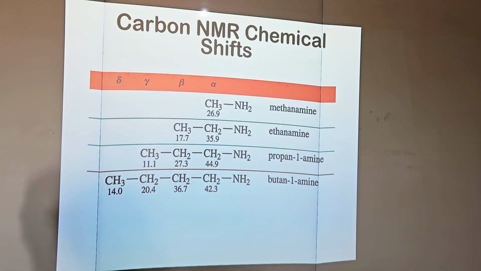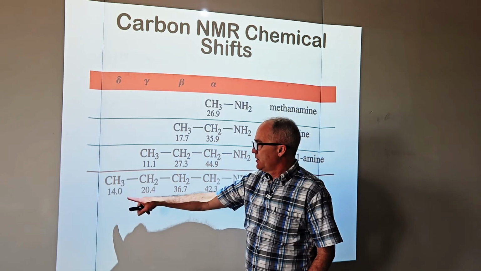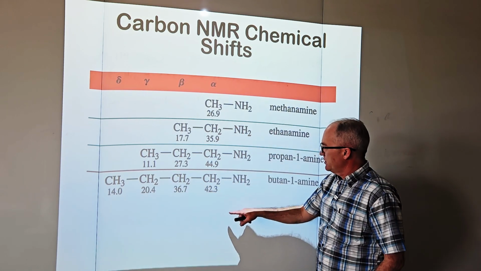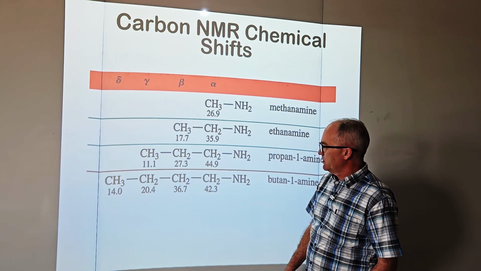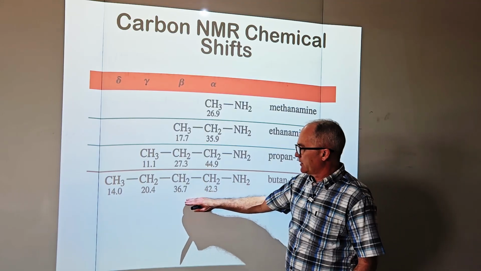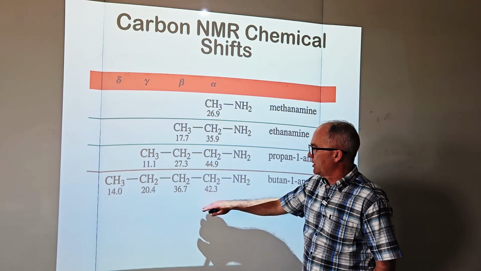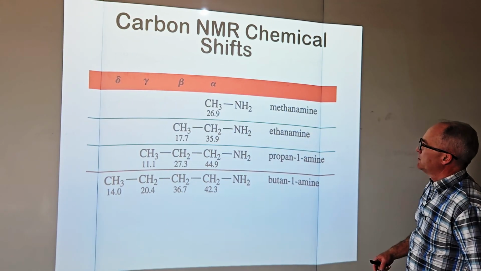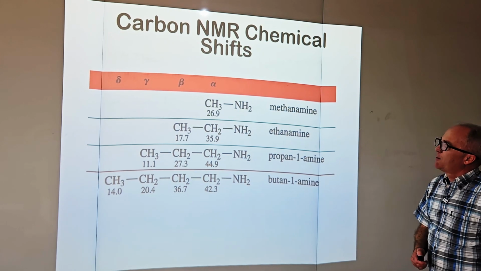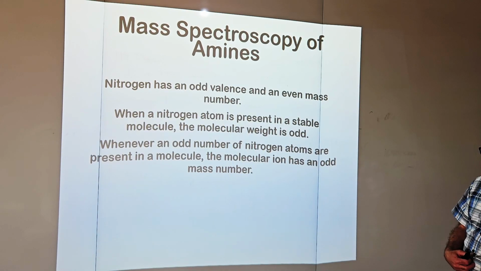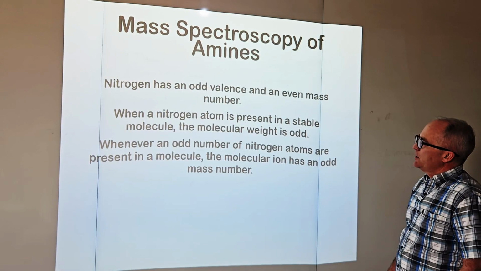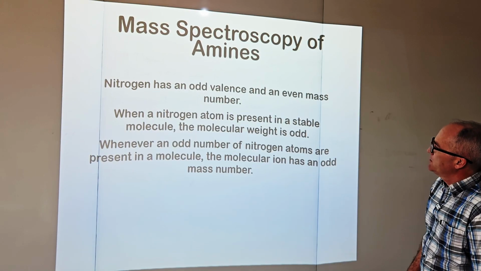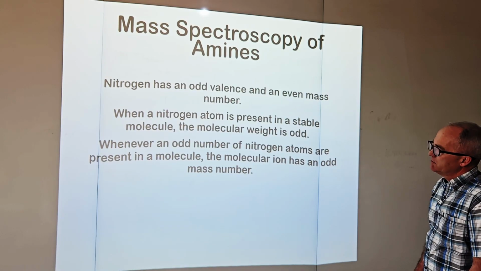One thing I find interesting about carbon-13 NMR is here's the most shielded carbon, here's the most deshielded or least shielded, and that inductive effect you can see traveling all along through there nicely. Mass spectroscopy of amines. We remember the nitrogen rule. Nitrogen has an odd valence and an even mass number.